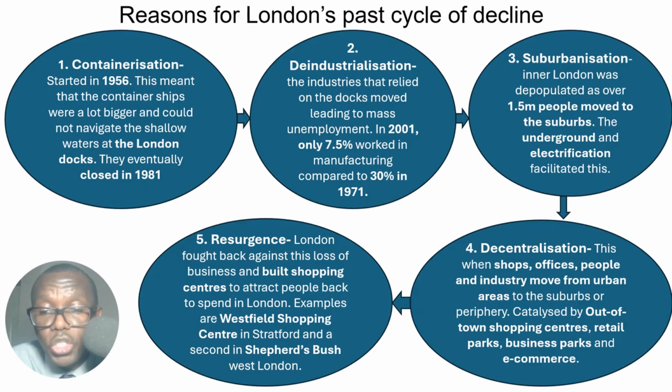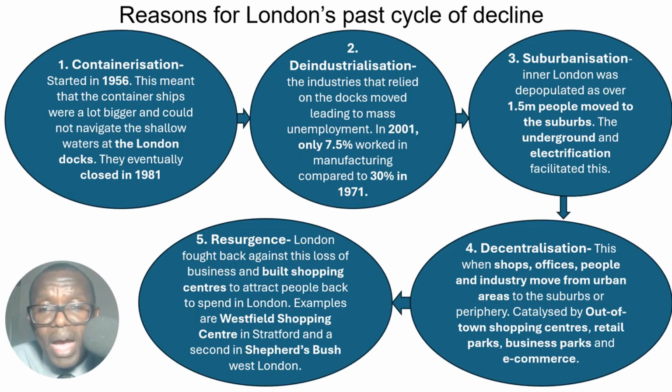This is when shops, offices, people and industry move from urban areas to the suburbs or to the periphery. This was catalyzed by out-of-town shopping centers, retail parks, business parks, and e-commerce. All these were contributing factors to the decentralization of the inner parts of London.